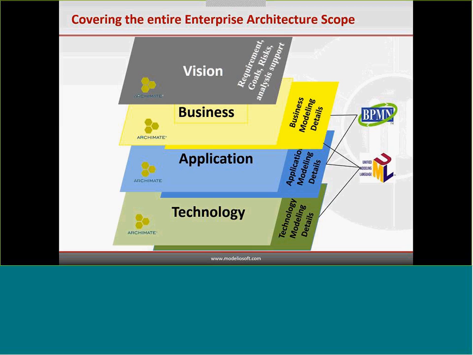BPMN is useful mostly for the business and application domains, and UML can be useful for all three modeling domains. ArchiMate provides a coarse-grained modeling capacity, whereas details can be provided using BPMN and UML. This helps to have a great coverage of the enterprise architecture modeling scope.